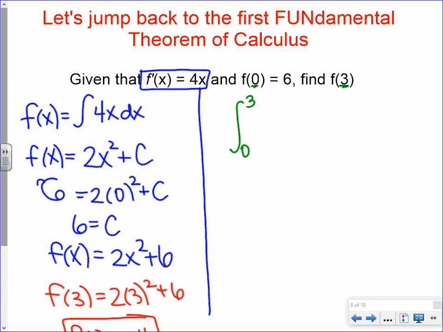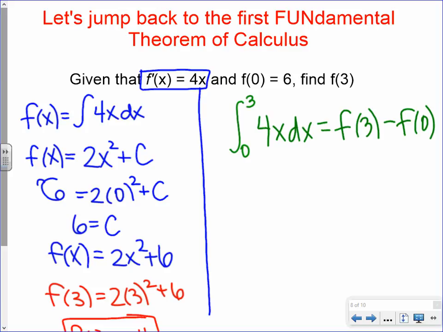The integral from 0 to 3 of our derivative should give us the antiderivative at 3 minus the antiderivative at 0. If f prime is in our integral, then function f would be its antiderivative.